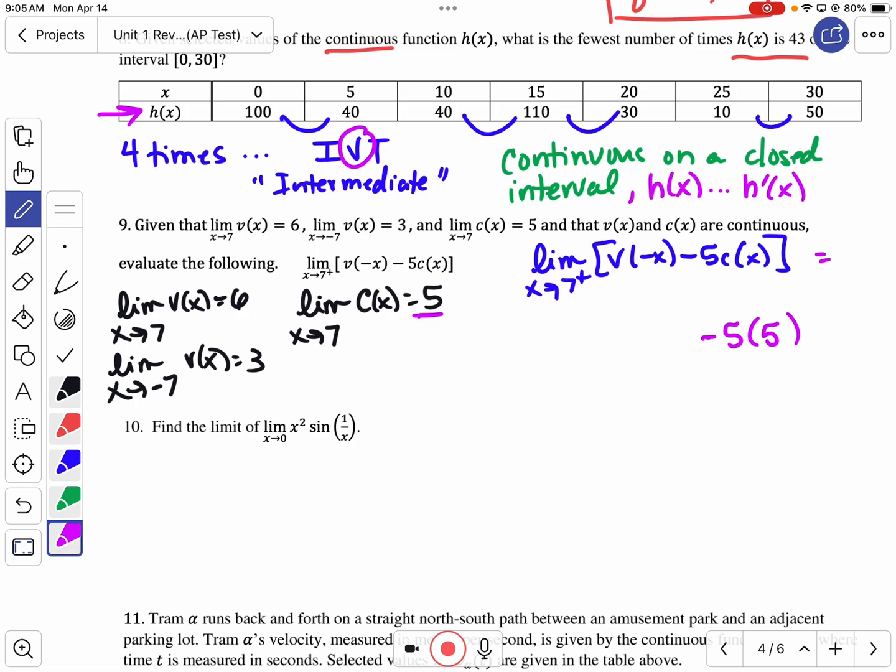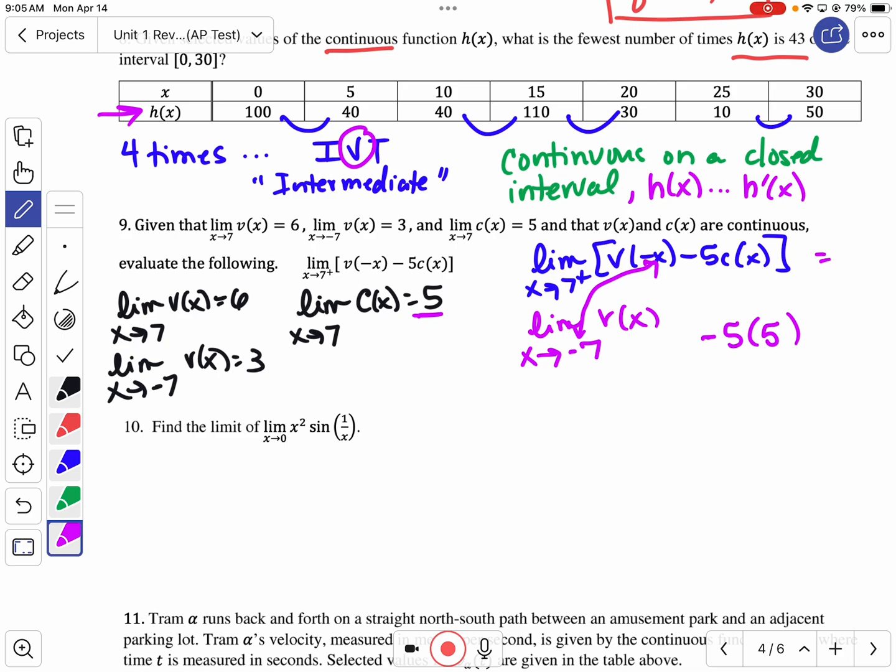Now, what's different here about having that negative inside the angle? It's about that transformation. One of the things the limit allows me to do is switch it to the limit as x approaches negative 7 of v of x. If I have a negative inside, I can make it positive by making the boundary I'm approaching negative. So I just switch where the negative is, which is allowed.